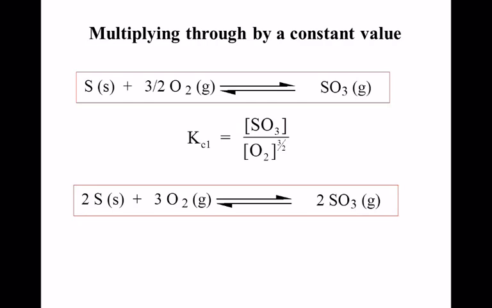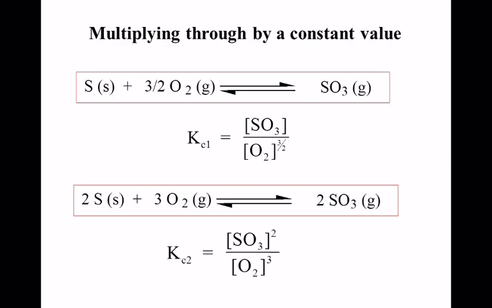So if we multiply through by a factor of 2, that's going to change our equilibrium constant expression. So instead of the first one, it's going to look like this. It's going to be molar concentration of SO3 now raised to the second power divided by molar concentration of O2 raised to the third power.